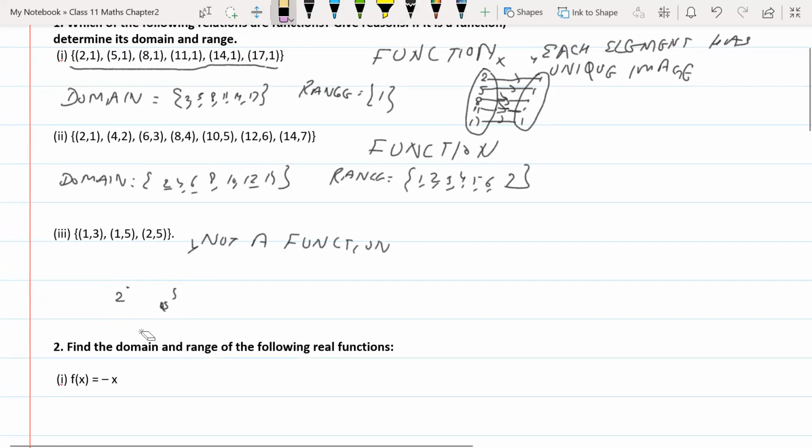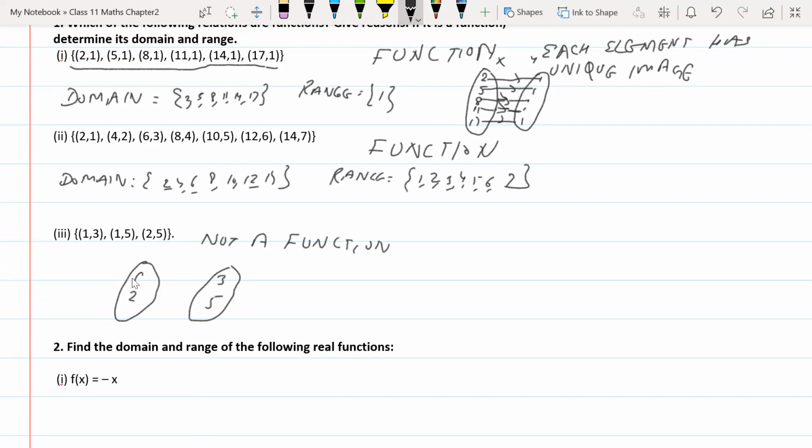Let's make the figure again. 1, 2, 3, 5. 1 has 2 images. Hence, this is not a function.